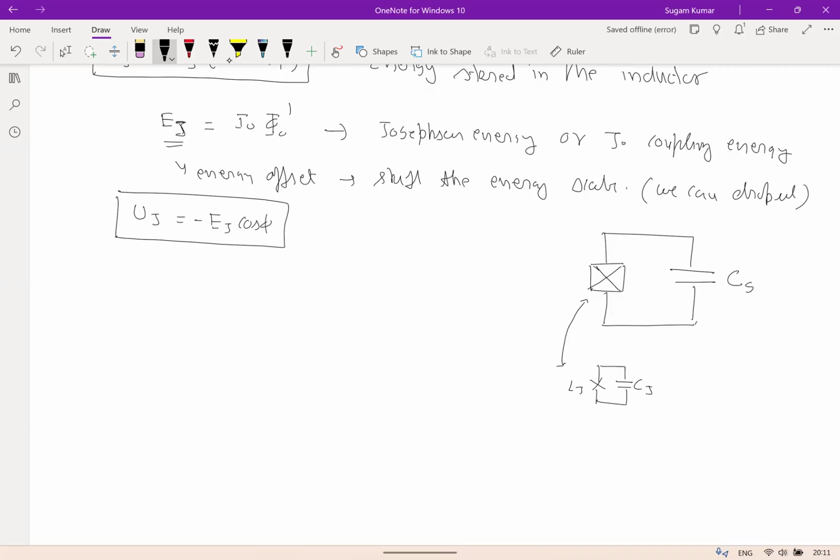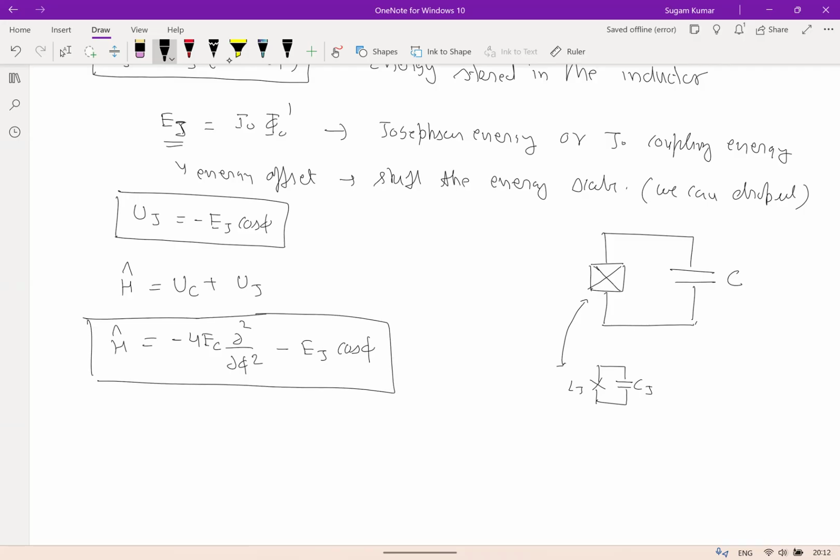And let us call this CS, or maybe C only. So you can see now in this case, this Hamiltonian is going to be UC plus UJ, correct? And this is equal to minus 4 times EC del square upon del phi square, and minus EJ cos phi. Look here, we are already done.